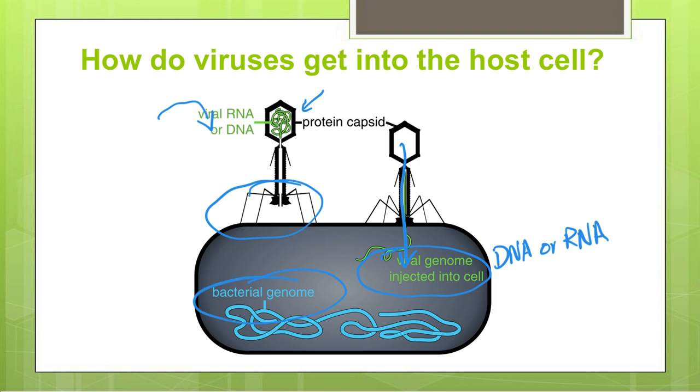It'll hijack it, essentially, and start creating a ton of the proteins and the genetic material needed to make new viruses, which will eventually overrun the cell, causing the cell to burst open and release all these new viruses back out into the ether. Like I said, it's a much more complicated process than I'm making it, but we really just need to know the simplistic things about how viruses get inside cells.